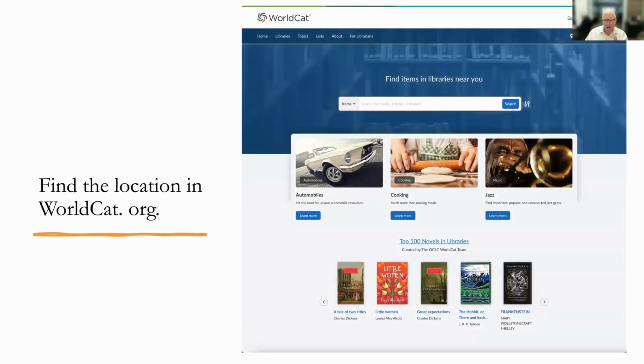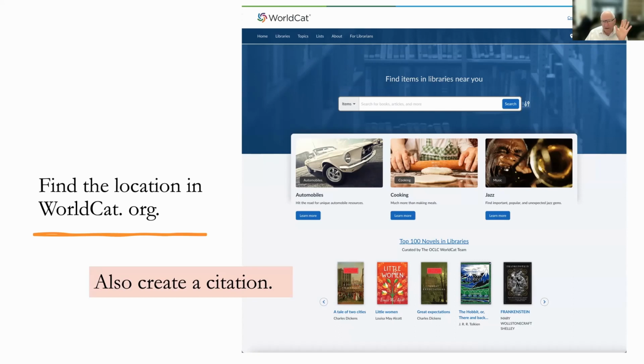And you can also find locations in WorldCat.org. So if you need to know where a book or something is kept, this is one place where you can go. Actually, enter your zip code into the record here, and they will tell you the closest library that has almost any item in there, over 2 billion items of information on where to find stuff.